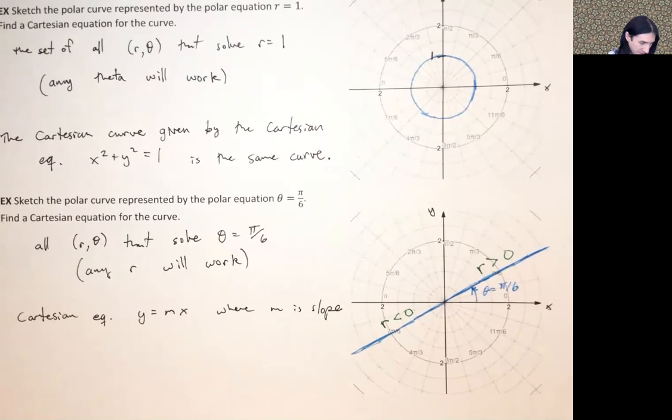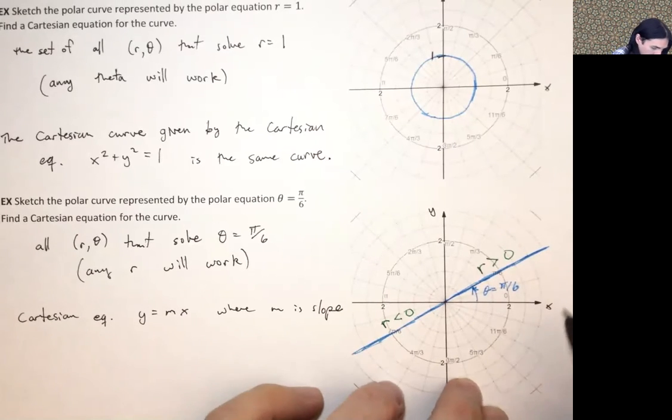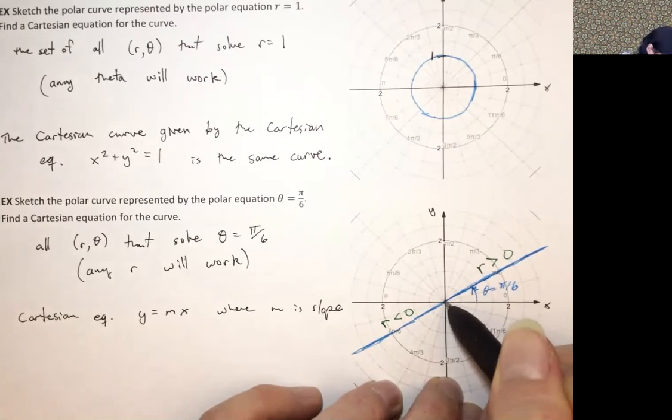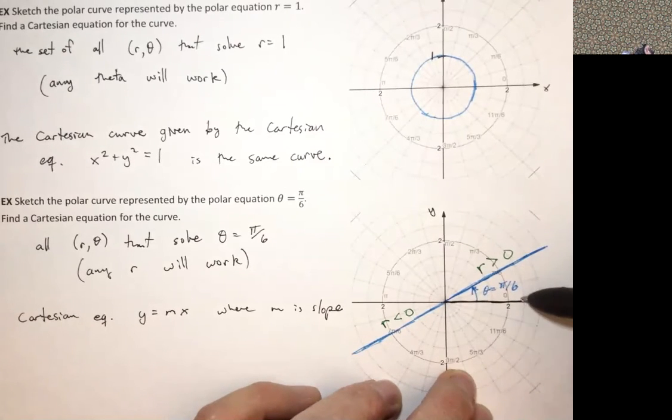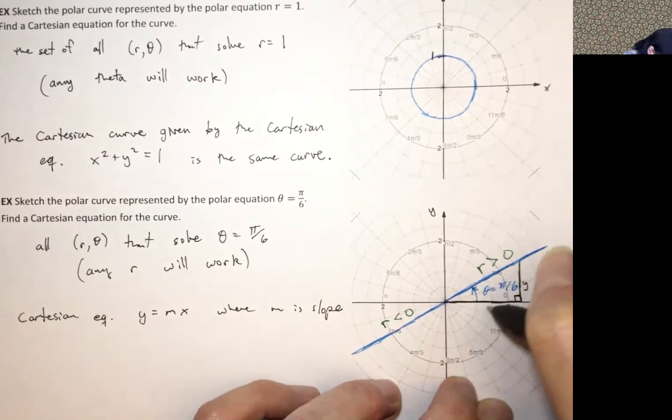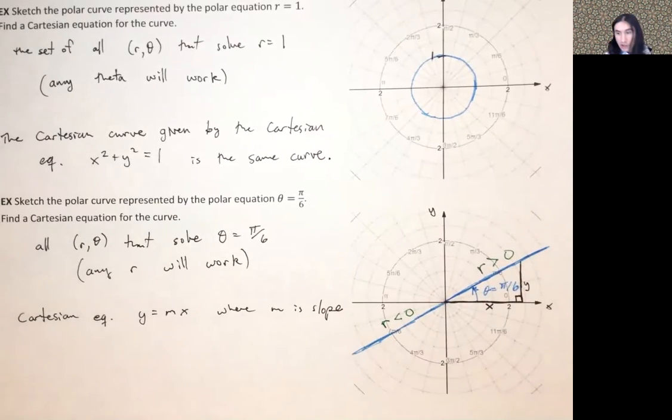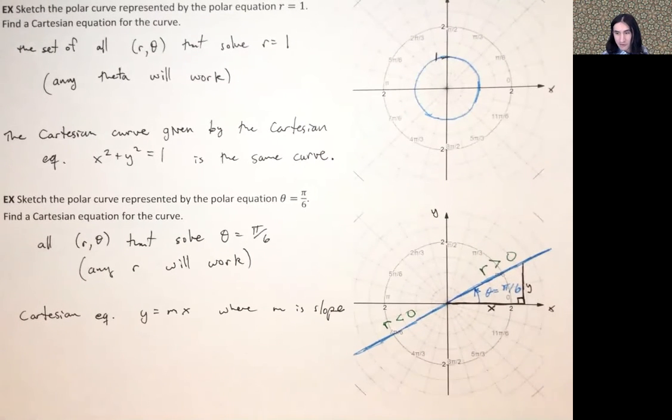Well, think about our definition of polar coordinates again. We would have an x value going away in this direction and a y value going up right there. That's how you translate between polar and Cartesian coordinates.